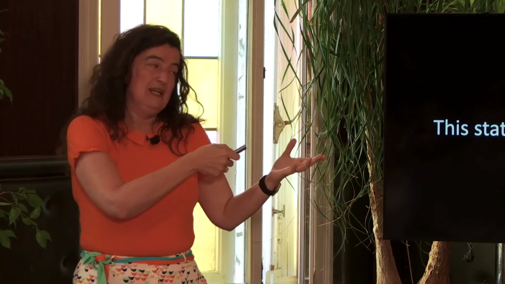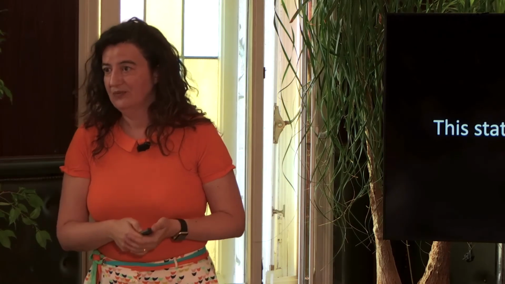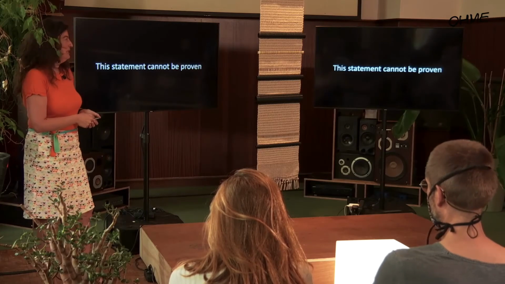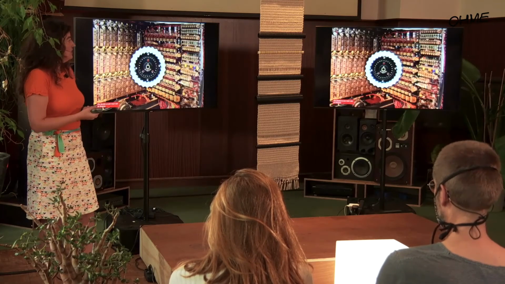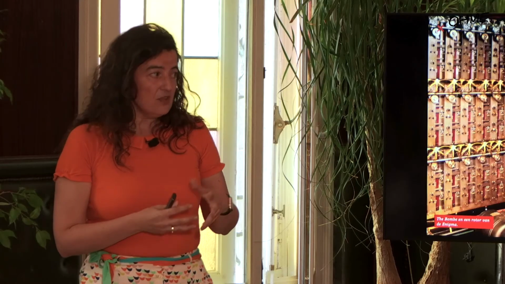But by the time he proved that, we are almost at 1940, so enters the war. So before his machine was being made, he actually went to Bletchley Park in the United Kingdom and worked for the Secret Service, where they tried to break the German communication with the Enigma machine.